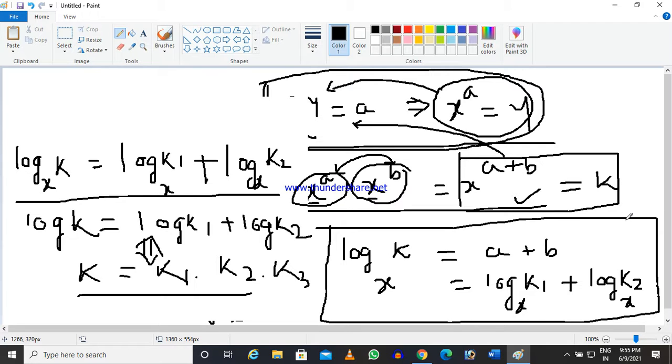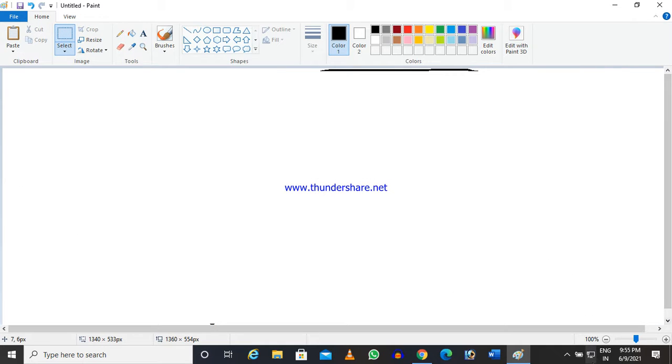So if there is a product of a few numbers, the log of that product is the summation of the individual logarithms. Okay, this only I am trying to explain.